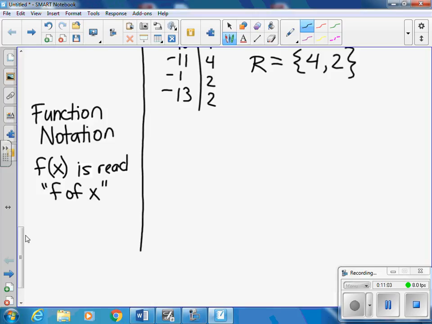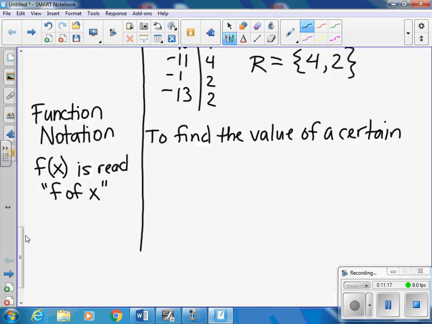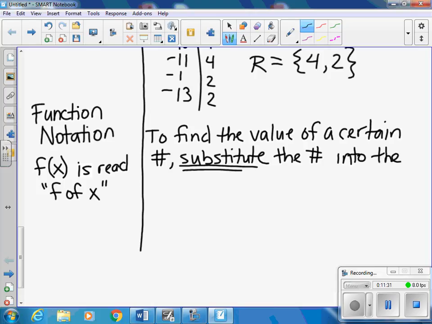All right, so anytime we're doing function notation to find the value of a certain number, this is how you go through these problems, and it works this way every single time. To find the value of a certain number, you're going to substitute, that's the key phrase here, you're going to substitute the number into the rule for x and simplify.